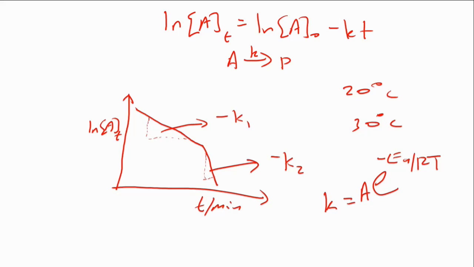Once you hear that the temperature has changed, then you can automatically say to yourself that there will be a change in the rate constant. There will definitely be a change in the rate constant. There's no if or maybe about that sort of thing. So that's something you should bear in mind.